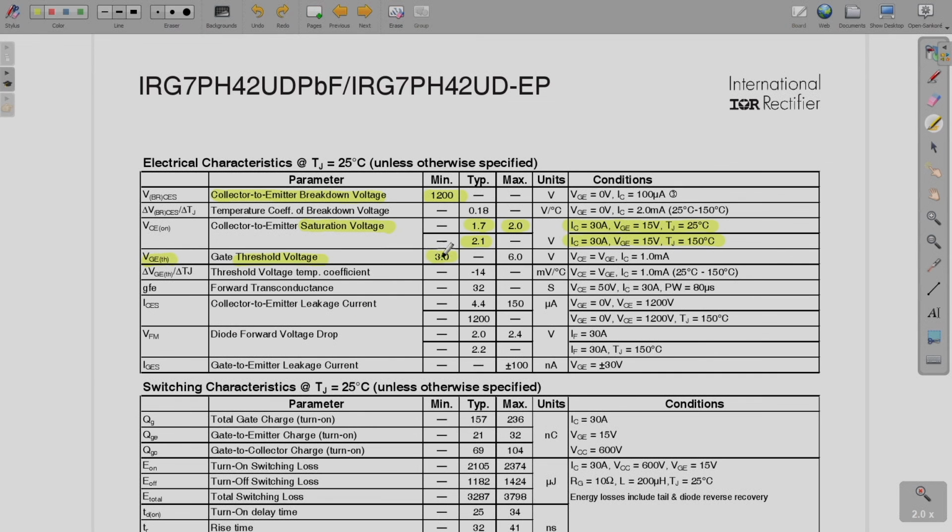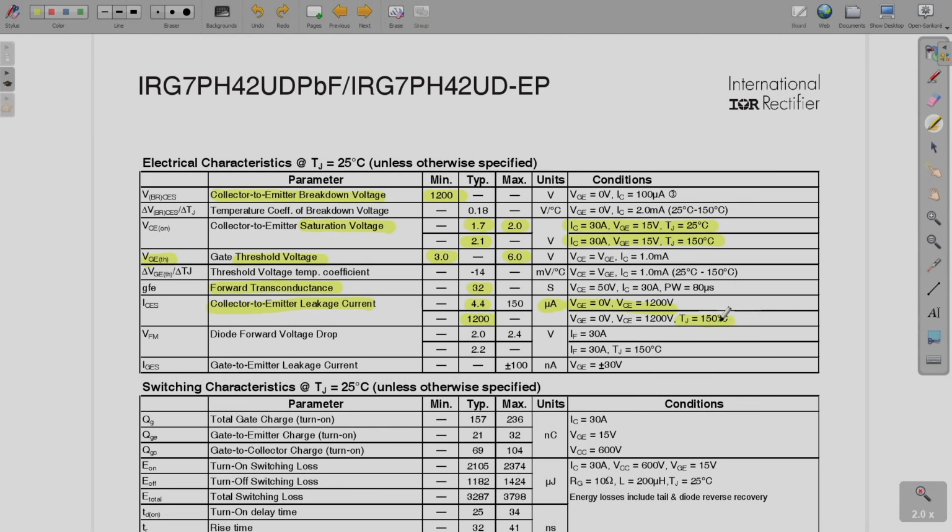So, the minimum is 3 volt and the maximum is 6 volt. Further, your forward transconductance is also provided. And the collector to emitter leakage current, you can see it is given in microamperes, and the conditions are also provided here, and they vary significantly with your conditions.